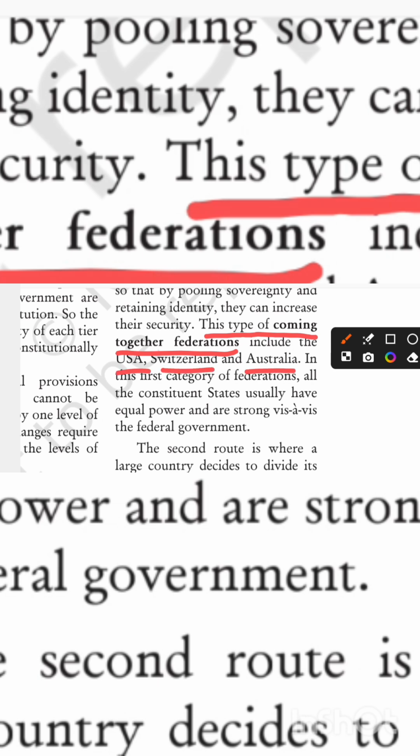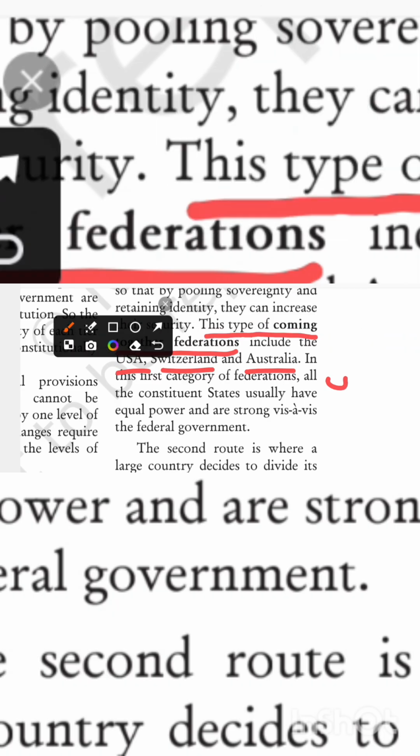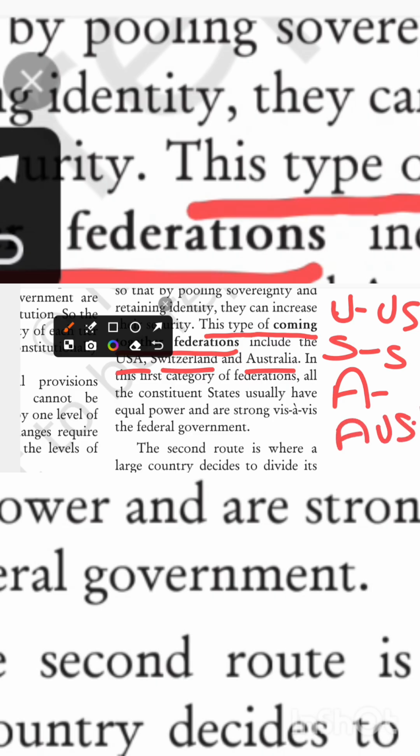So that's why it is called coming together federation, including USA, Switzerland, Australia. It is very easy to remember the examples. You can remember like this: U for USA, S for Switzerland and A for Australia.